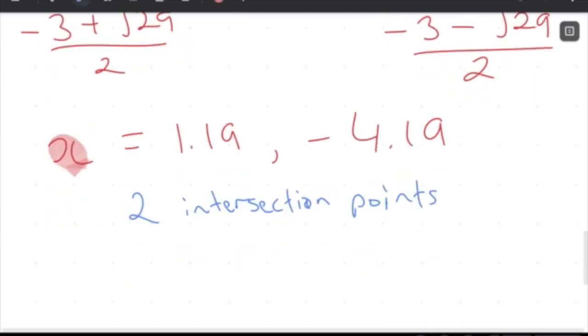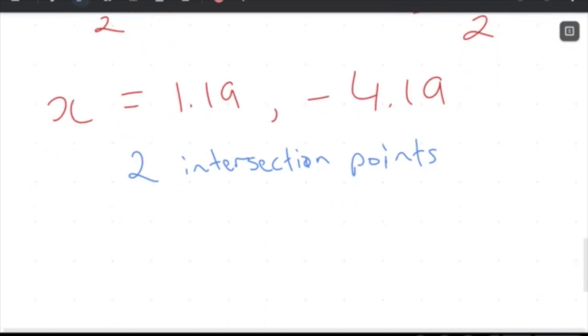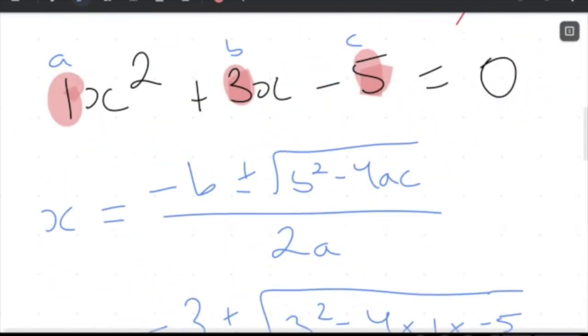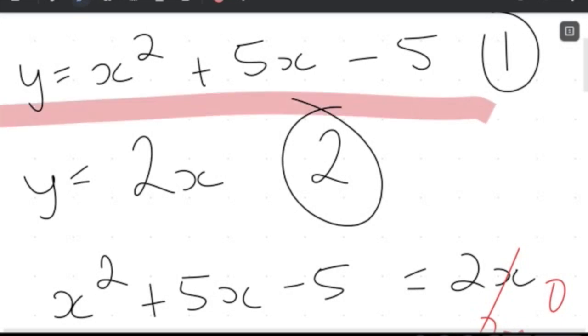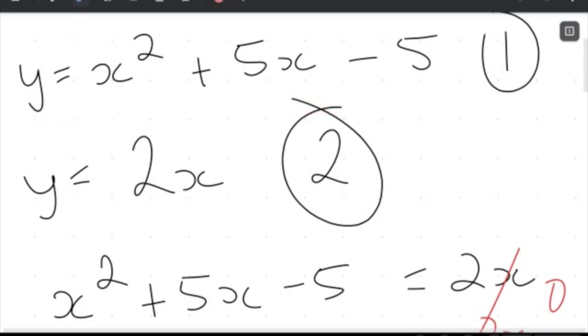I have two values of x where this parabola and my line intersect. Now that I have these, I can just substitute these back into one of my equations in order to get the value for y. And now here we have a pretty clear path of least resistance. It's pretty annoying to substitute this back into the quadratic. Let's substitute this x value back into equation 2 to find a value for y.